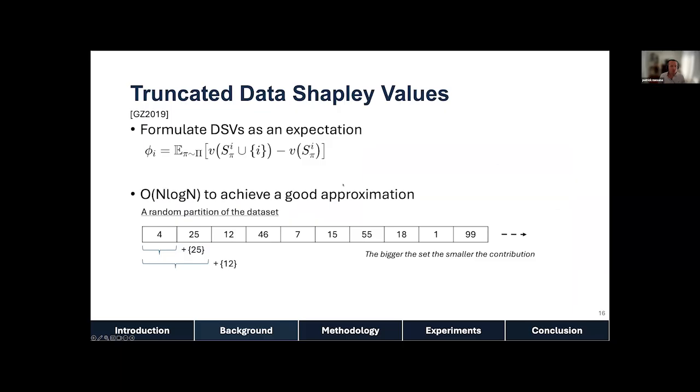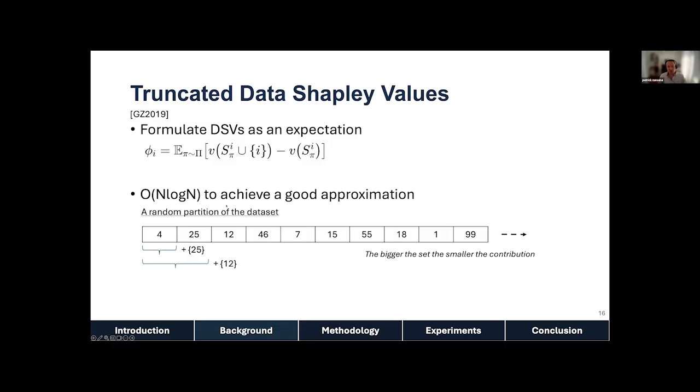So mostly the work that has been done in this field of data evaluation is to approximate these Shapley values, what they call the data Shapley values, the DSVs. And like other papers on Shapley values, you can translate the formula into an expectation over partitions of the dataset. One way to do it is a Monte Carlo simulation.